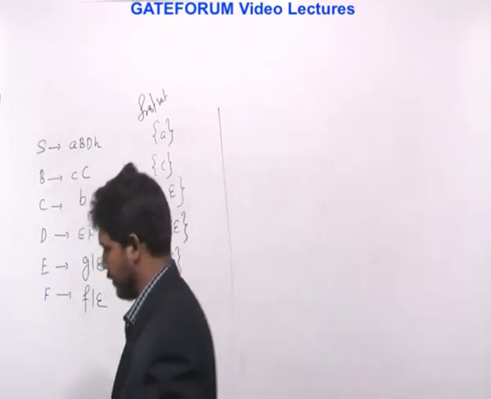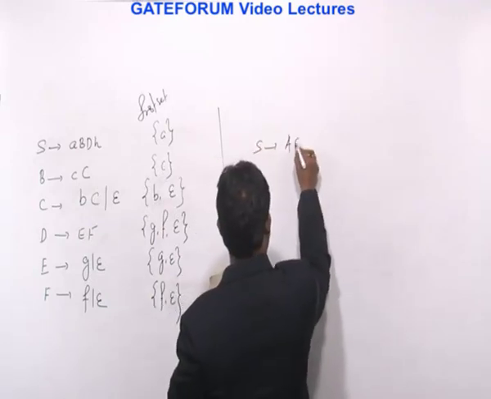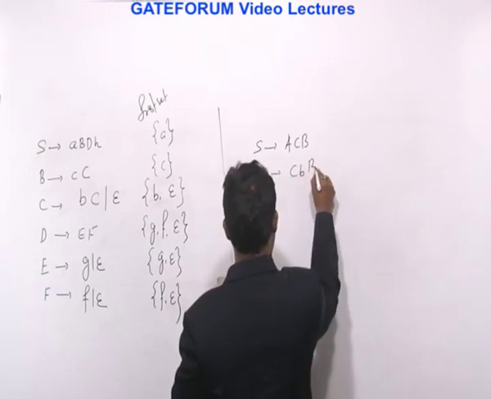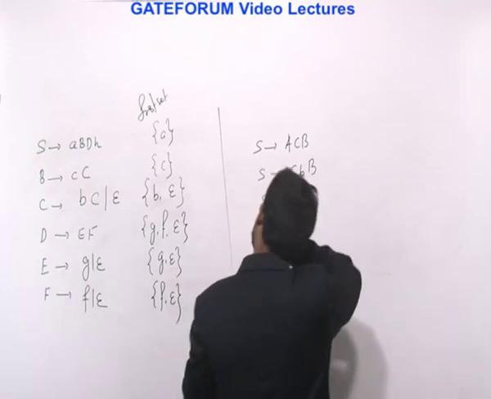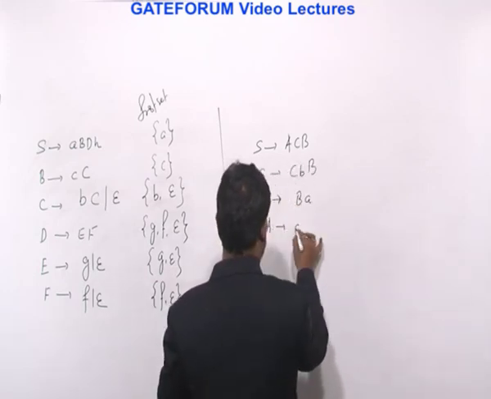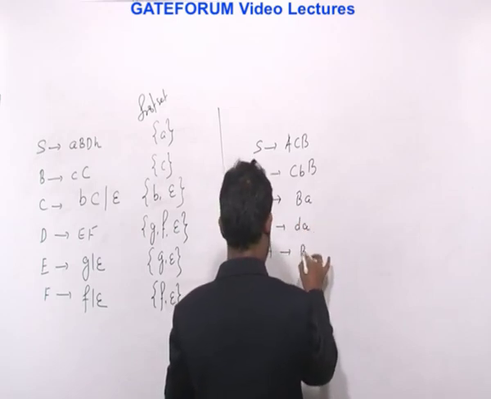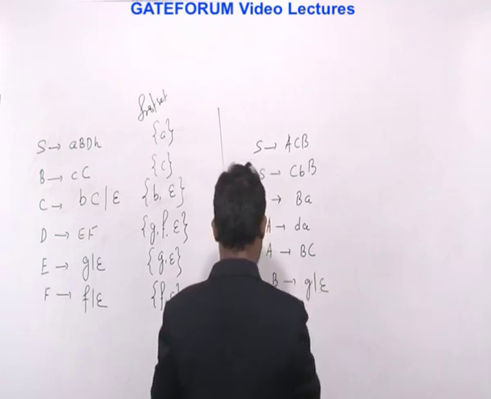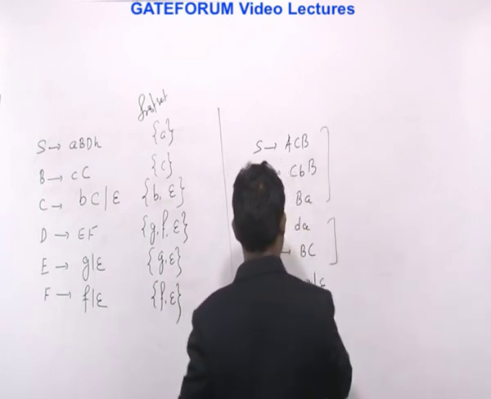We can see these multiple options together. S derives C B, S derives B A, A derives D A, and A derives B C. B derives G or epsilon, C derives H or epsilon. This is one set, this is another set.